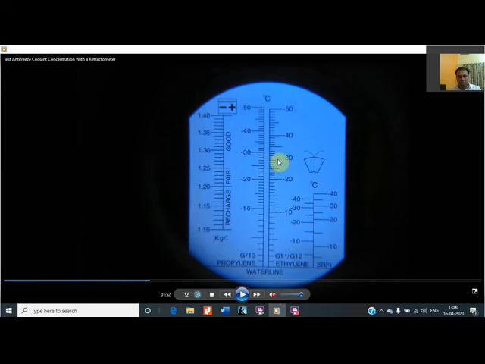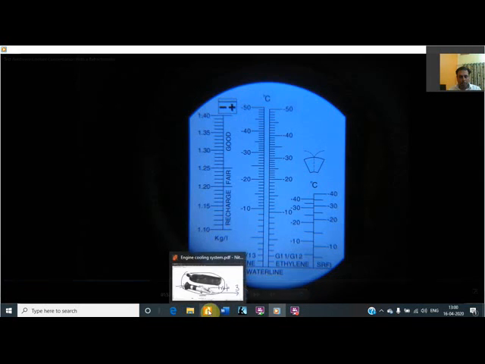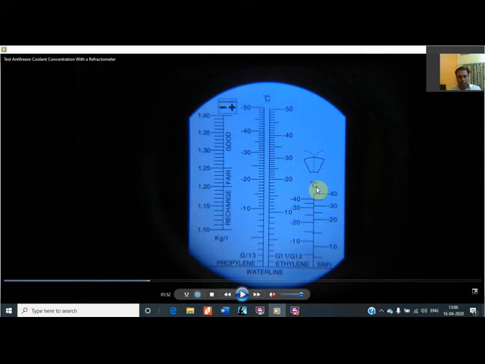Automatically, from the refraction of the light, a line will be created, and the line will pass from minus 30 or minus 40. If it passes from minus 30, then the freezing point of the coolant is minus 30. If it passes from minus 20, then the freezing point of the coolant is minus 20. Whichever temperature it passes, that will give you the freezing point of the coolant. So in this way, we use the refractometer for measuring the freezing point of the coolant.